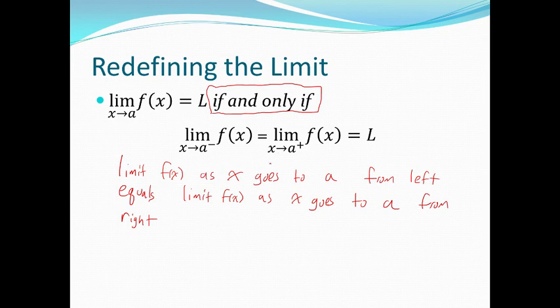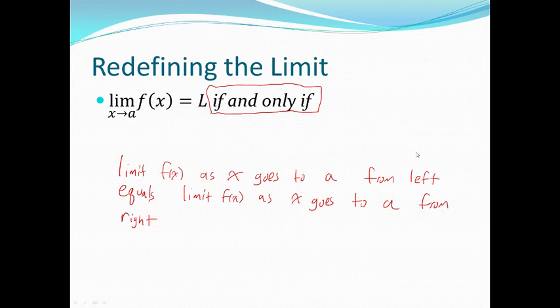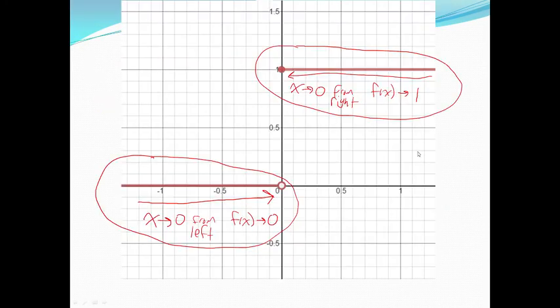So basically, if the left side limit is equal to the right side limit, then a limit exists. If the left side limit is not the same as the right side limit, then the limit does not exist. That should make a lot of sense considering the Heaviside function here, where the left side limit is not the same as the right side limit, so therefore a limit doesn't exist.